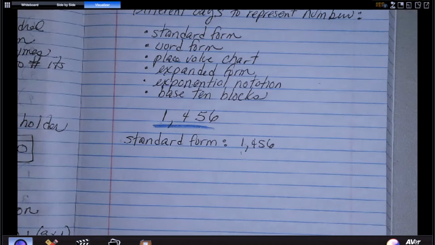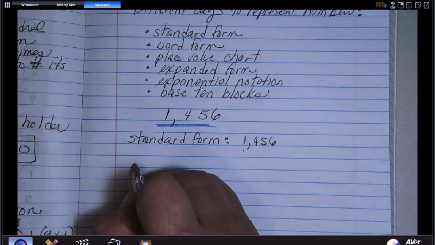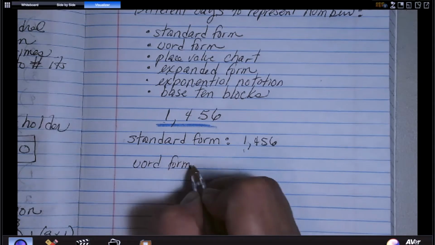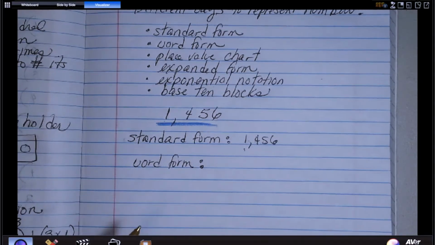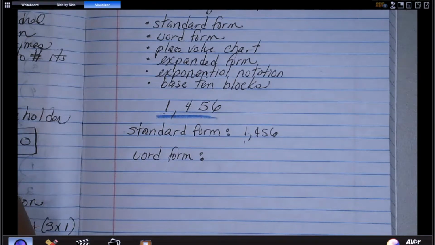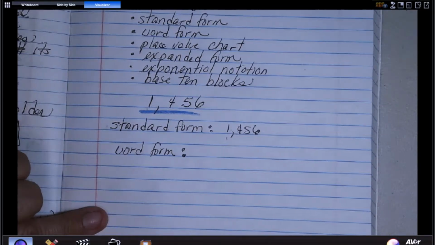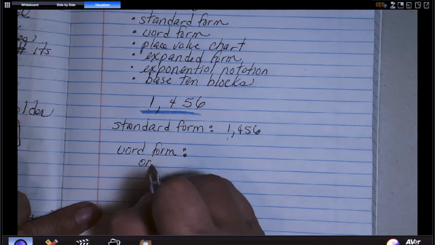Okay. Let's look at word form. When you're looking at word form, that means you're going to spell these out. And notice that you have to hyphenate. Okay, so let's go ahead and spell this number out.